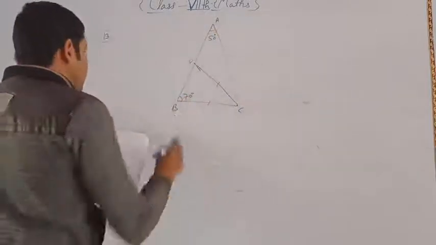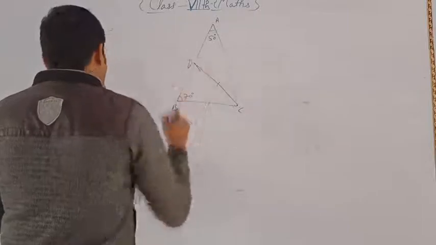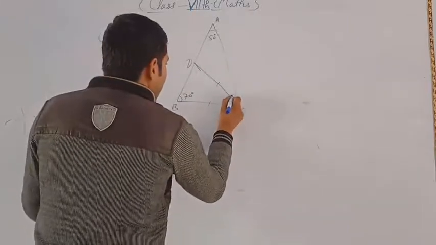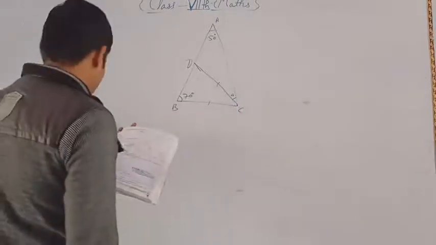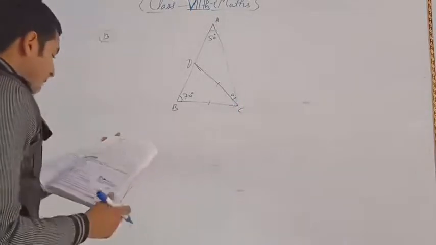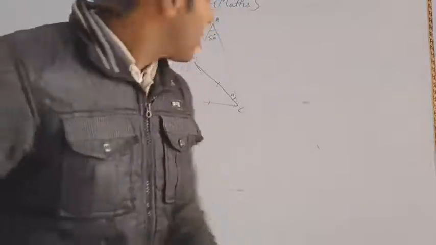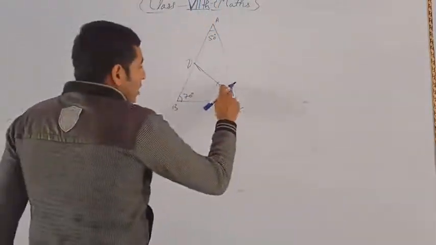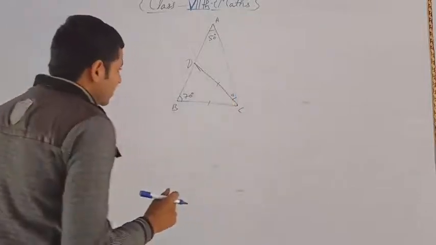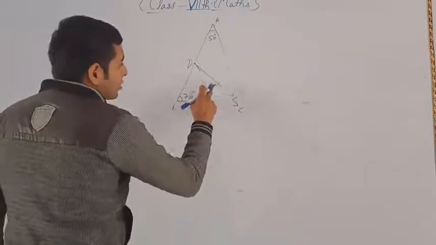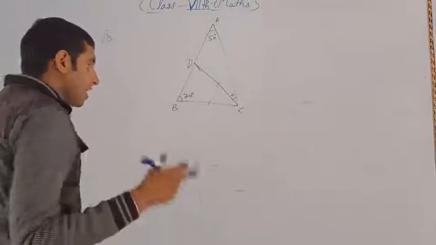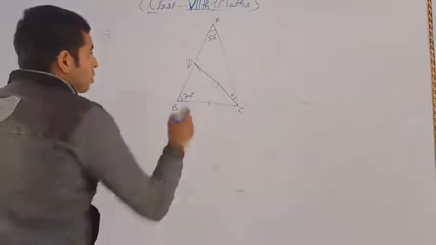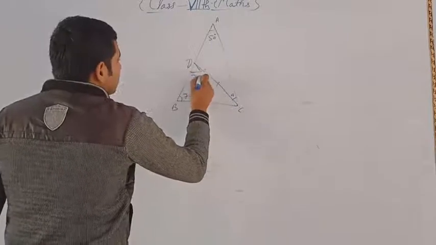Here this point is B, this point D, this point C, and this angle A. We have to find the value of angle A. To find the value of angle A, first of all we see that this side is equal to this side, and already you know that the angles before the sides are also the same. So this angle is also equal to 70 degrees.